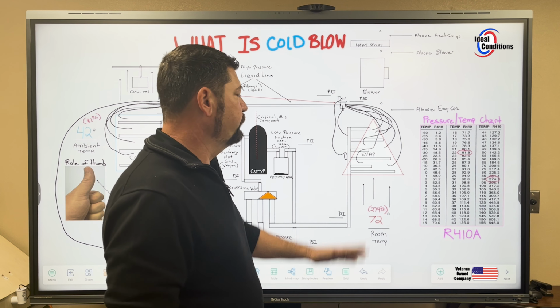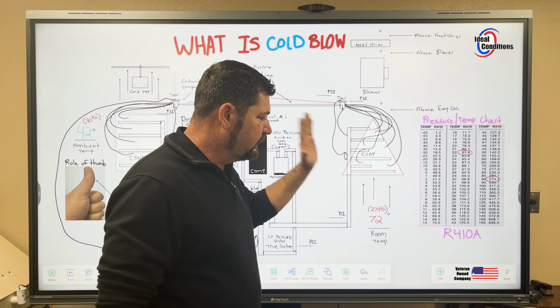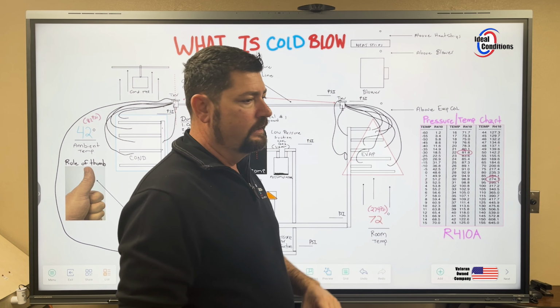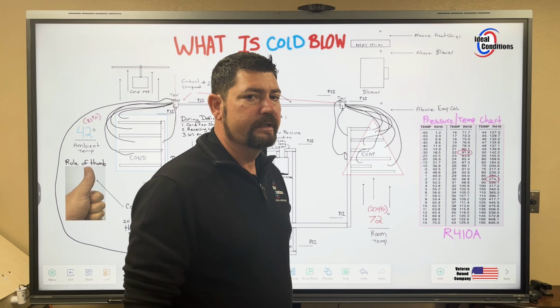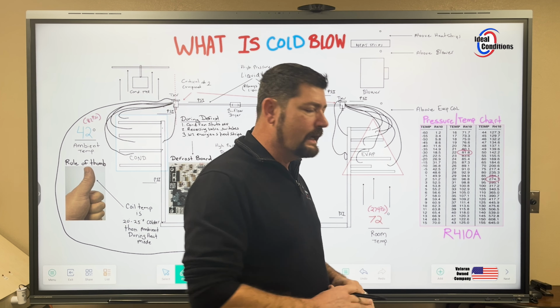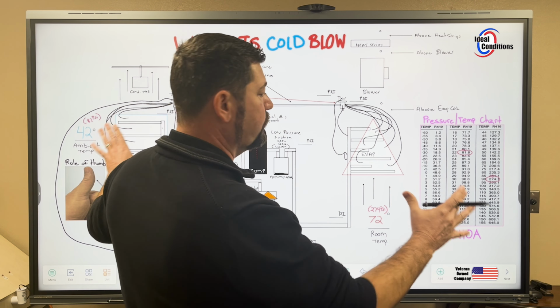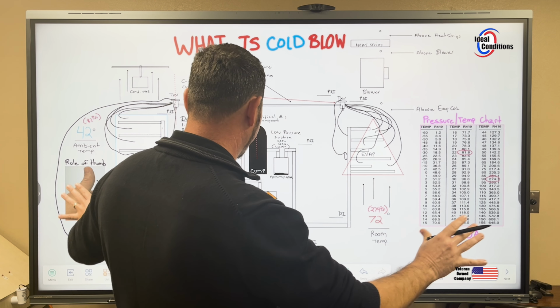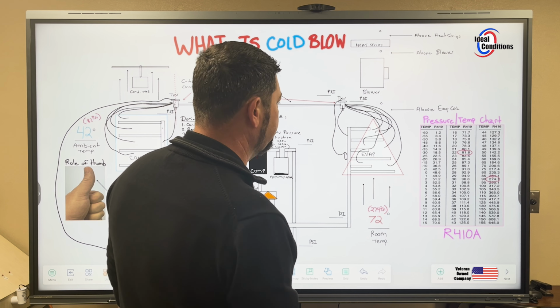There's a lot of variables: dirty filters, dirty coils, poor airflow. So don't look at that and go, well, Tom said it's got to be 274 psi if I'm 72 degrees inside. That's not what I'm saying at all. We're just trying to come up with something that we can work with here, and this is just a general rule of thumb based on everything pretty much being what it's supposed to be.